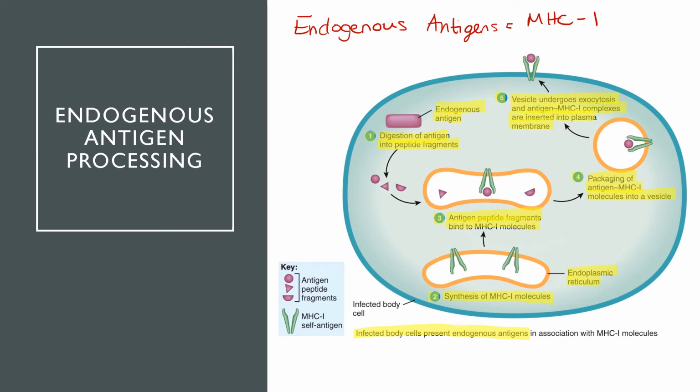And so this is going to be the way that they present these endogenous antigens onto the plasma membrane. So most cells of the body can process and present endogenous antigens. So the display of an endogenous antigen that's bound to an MHC1 molecule will signal that the cell has been infected and it needs help.